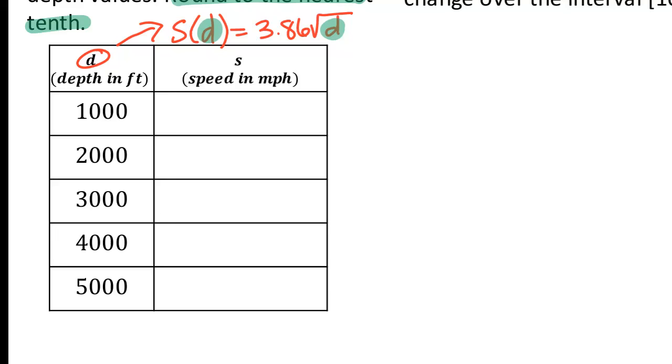So this is going to be 3.86 times the square root of d, which in the first one is 1,000, and that's going to equal your s value. To calculate that, you're going to use your calculator. You're going to put 3.86, and then you need a square root. So for the square root, you go second x squared, and then you plug in 1,000, and you press equals.